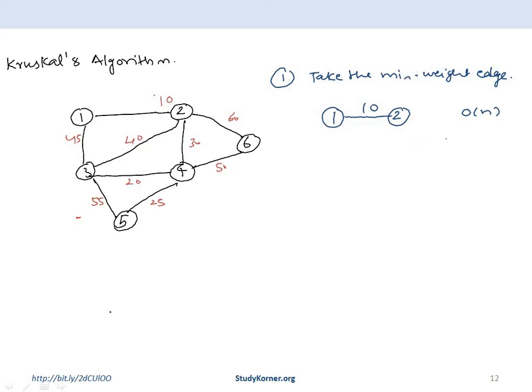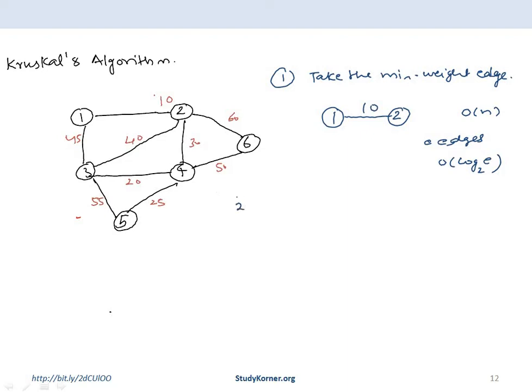So if I have a min heap containing e edges, then I have to delete the min element, that is the first edge, and get that. This will take order of log e base 2 time. So this is my first step.